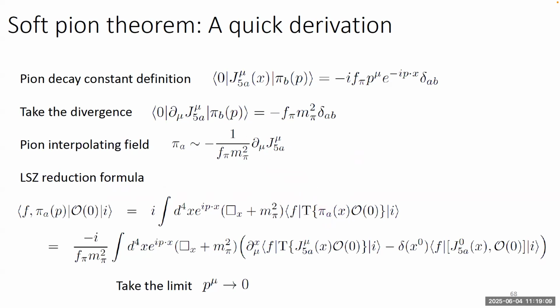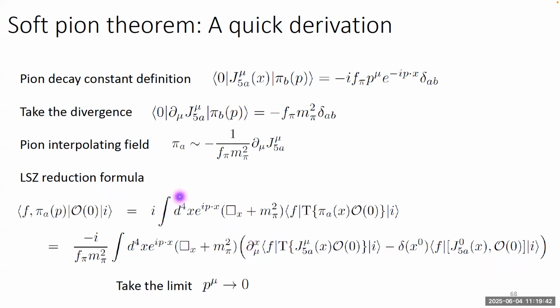Now, when you pull out this divergence outside the time ordering, you have to worry about the cross term. This derivative can act on the time ordering, right? The time ordering gives you the theta function in time, and when you try to pull the derivative outside this matrix element, it acts on the theta function and gives you a delta function. So that's the second term here, but the first term is just the usual naive one, where the derivative is taken outside the matrix element.